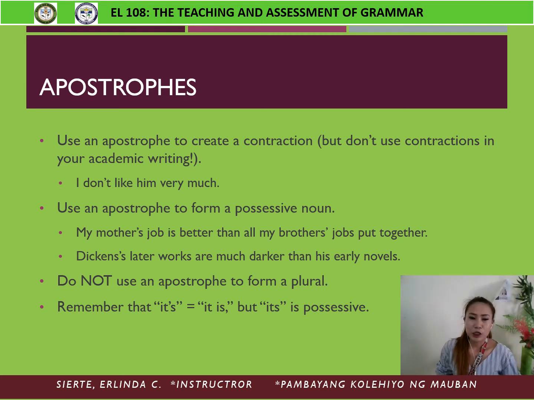Next example is: Dickens' later works are much darker than his early novels. Next, do not use an apostrophe to form a plural. Next, remember that it's means it is, but its is possessive.